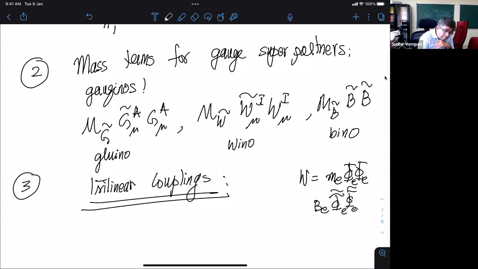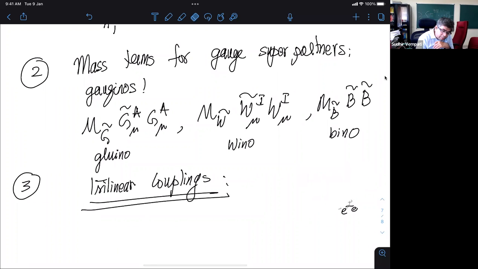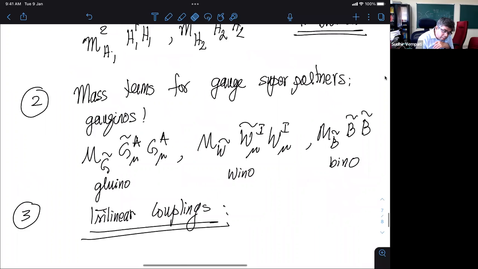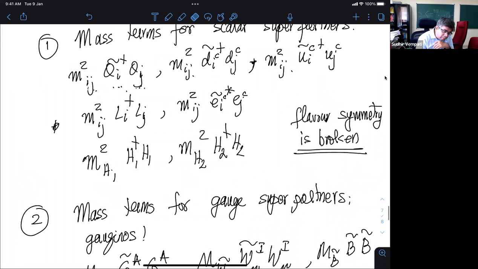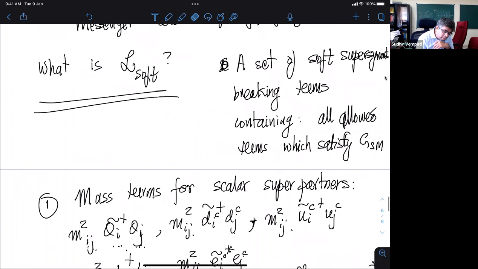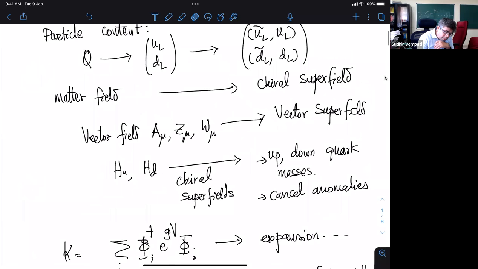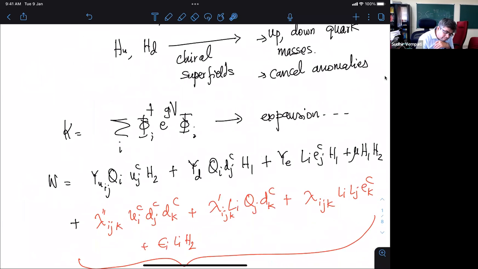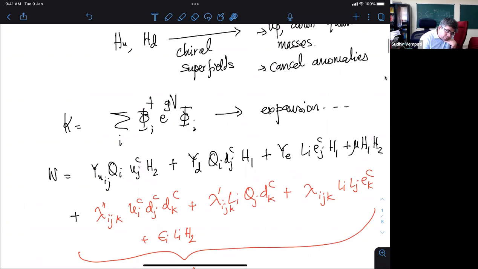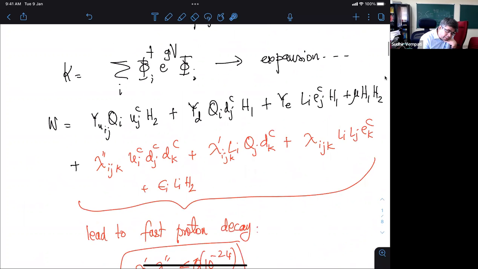Similarly here, you have trilinear couplings because you have the entire Yukawa potential in your superpotential. So for every term in the superpotential, you can write the scalar counterpart. So those are your trilinear couplings.